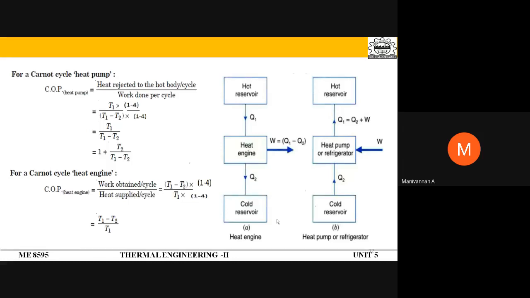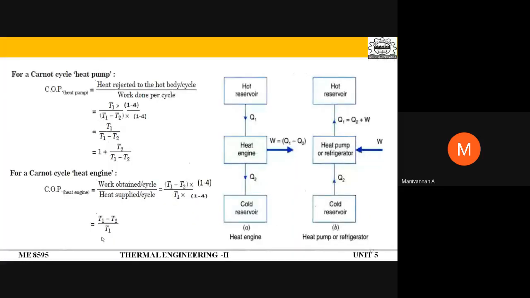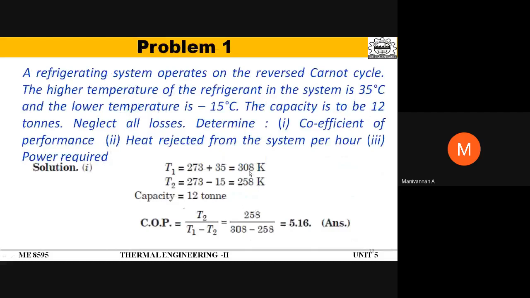The COP of a heat engine, or you call it the thermal efficiency, will be T1 minus T2 by T1. These simple problems you normally get in Part A questions, and rarely in some of the big questions.